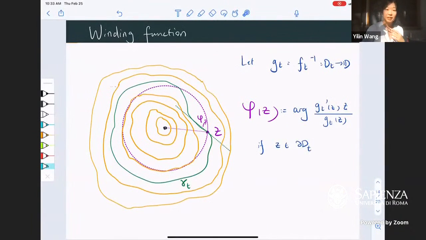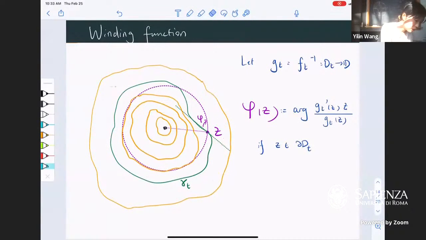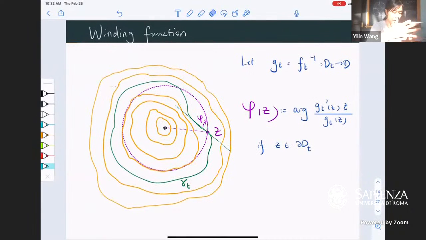And then we're going to describe this in a more quantitative way by associating to a foliation a winding function. This picture is probably a bit misleading because actually you can also have a curve which is not moving at any time.